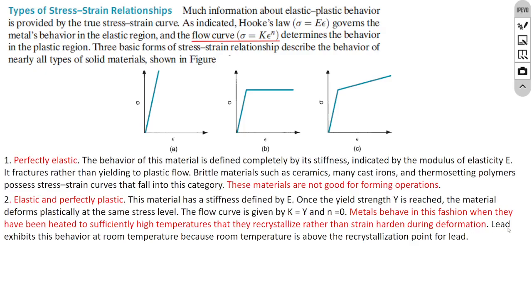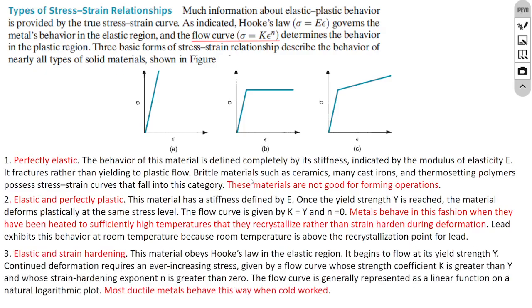For instance, lead behaves almost like an elastic and perfectly plastic material. Most ductile metals, steel for instance, behave this way: elastic and then strain hardening.